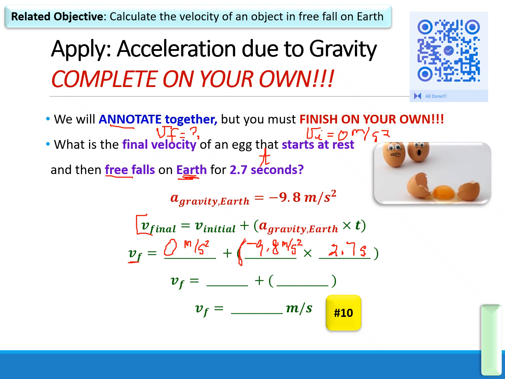Remember, you need to do what is in your parentheses, right? So you're going to multiply these two numbers and write it right here. Then you're just going to bring down your initial velocity right here. And then you're going to add them together to get the final velocity and the answer to question number 10. Go ahead and hit pause while you do those calculations.